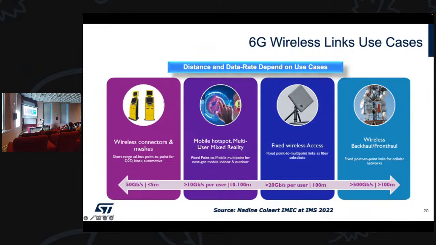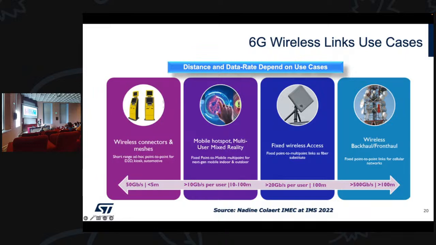Then the fixed wireless access. We can say that it is a kind of micro cell. So you have the mini cell and the micro cell. This is the next generation of Wi-Fi.